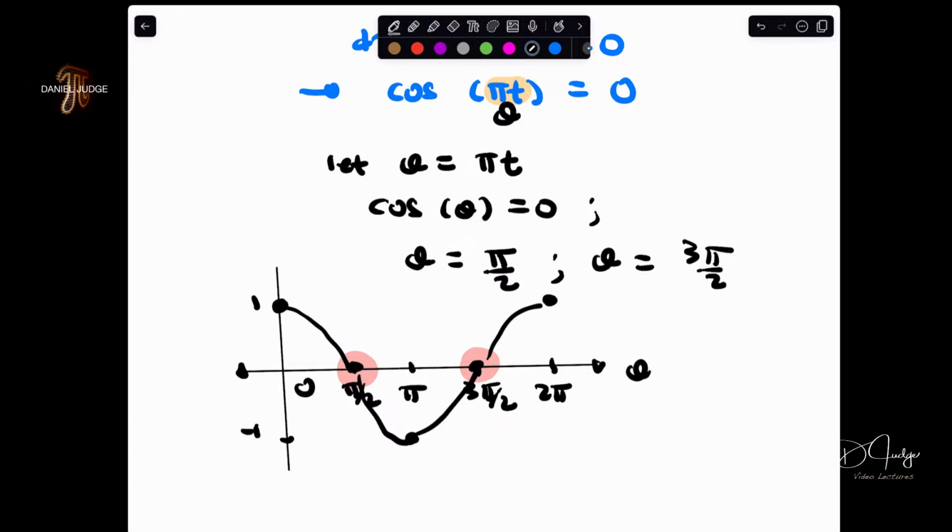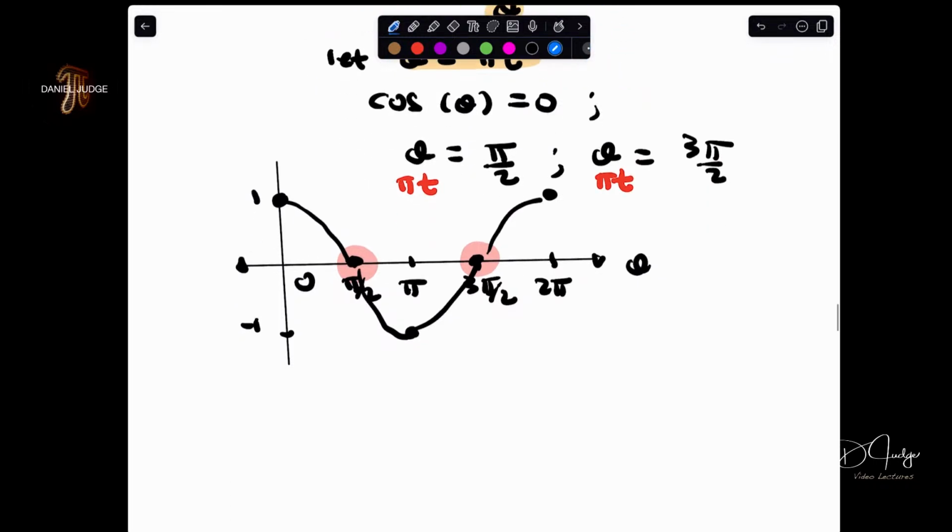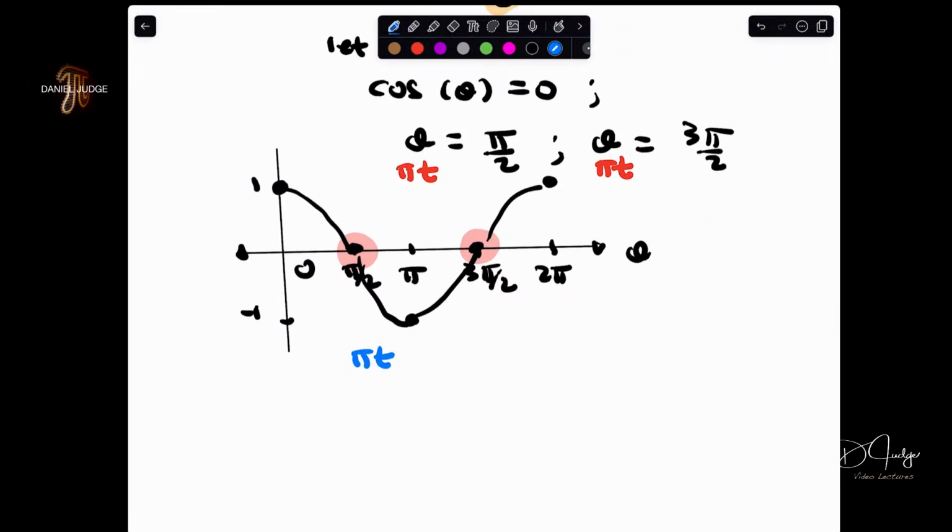Let me apologize for that. Since theta is pi t, what you now do is you change your variables back. So this means pi t is pi over 2, and it means pi t is 3 pi over 2.